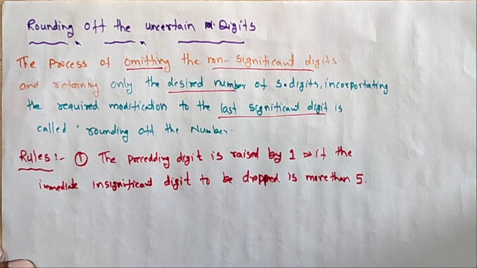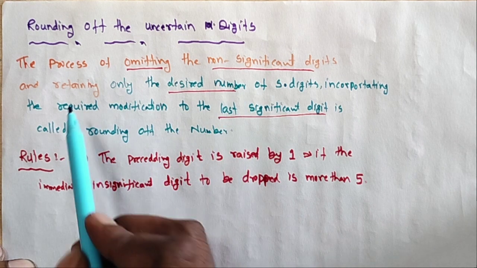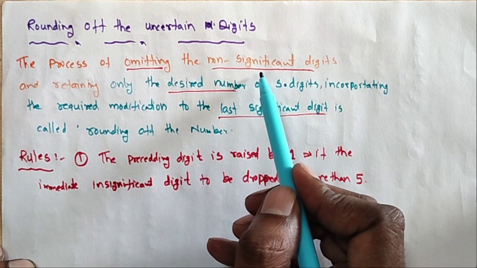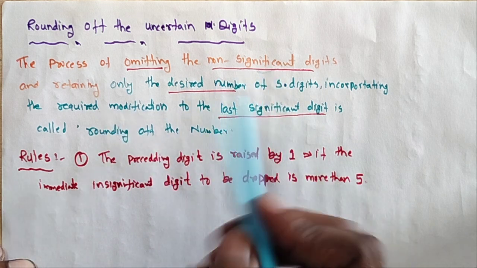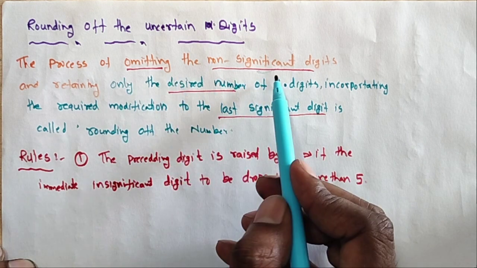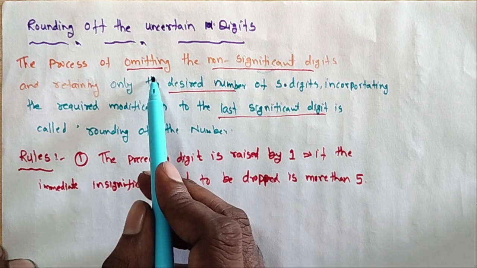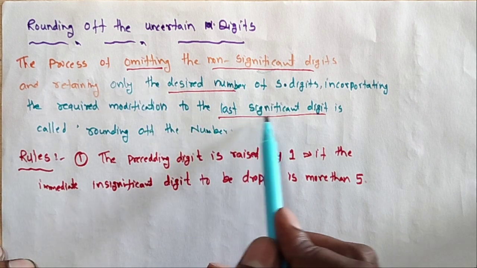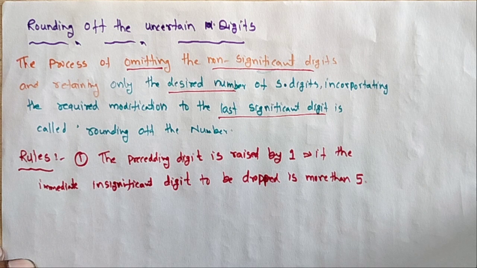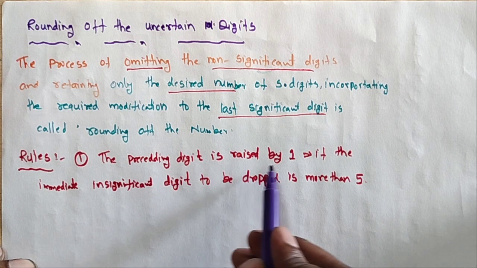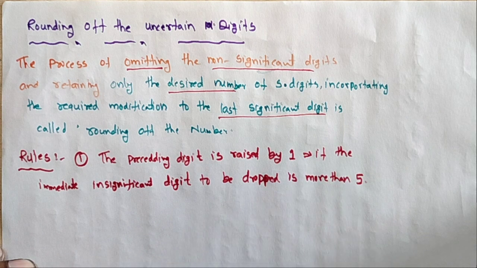So what is rounding of the uncertain digits or numbers? The process of omitting, that is removing, the non-significant digits, keeping the last significant digit. So what is the first rule? The preceding digit is raised by 1 if the dropped digit is more than 5.